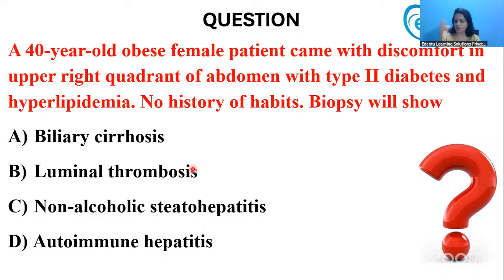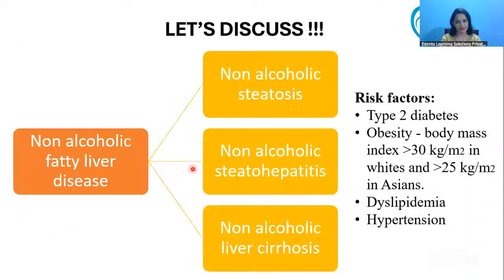These are some of the liver diseases that are commonly seen. So, no history of habits. It's an obese female patient who came with discomfort in the upper right quadrant, and she has both type 2 diabetes and hyperlipidemia also. So we can point towards non-alcoholic fatty liver disease.